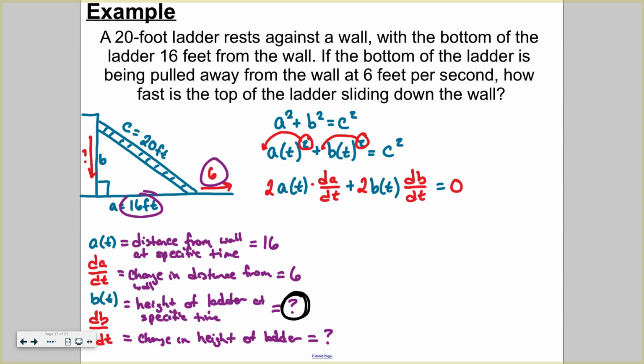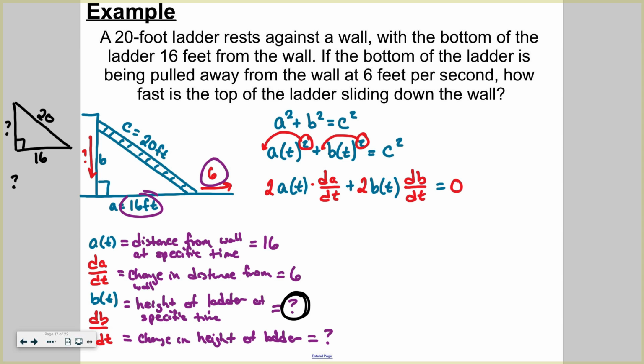Well, let's start off with our triangle. The two distances that we do know are that the ladder is 20 feet and the distance from the wall is 16 feet. We don't know the height of the ladder on the wall. But we do have a triangle here, which means we can use the Pythagorean theorem again to solve this problem.